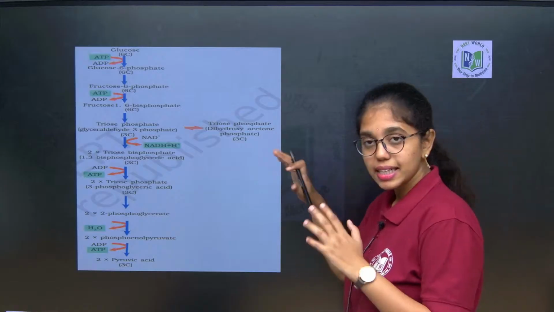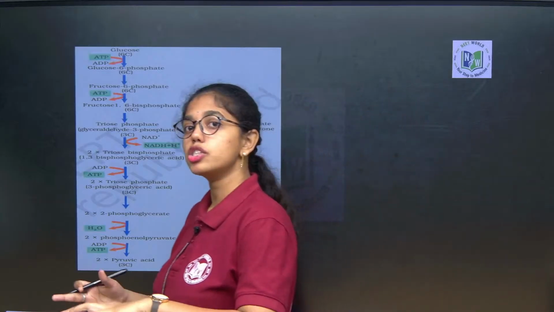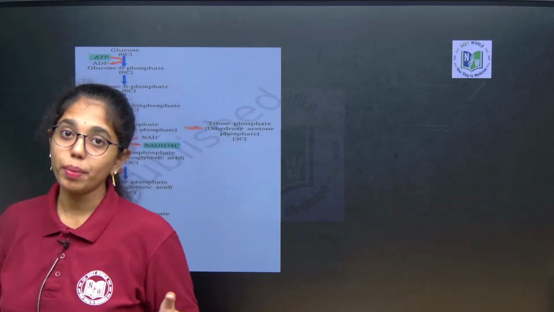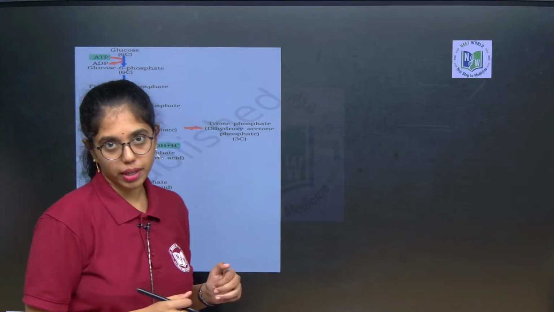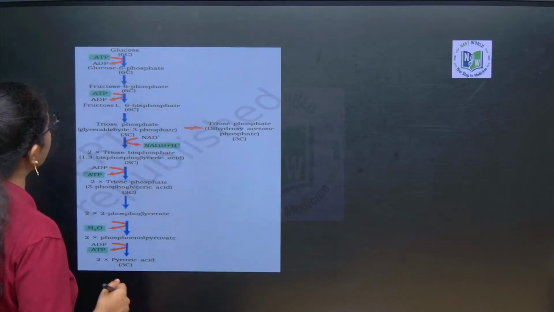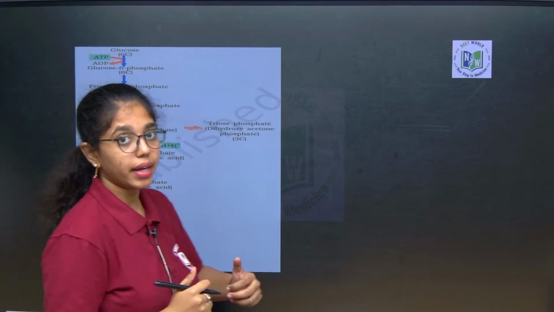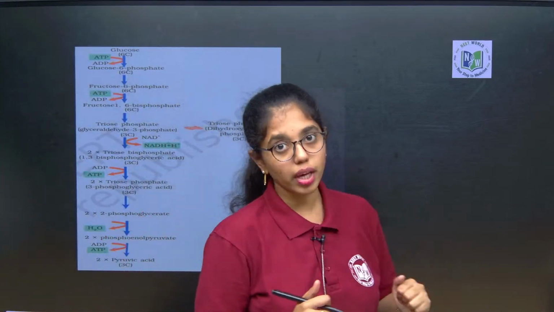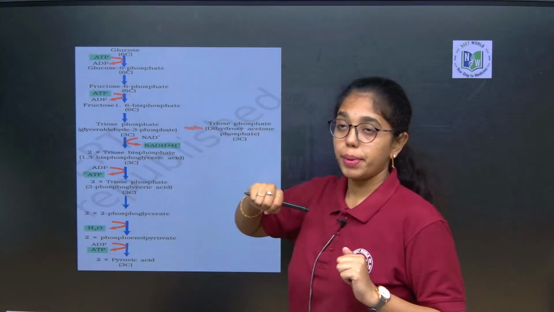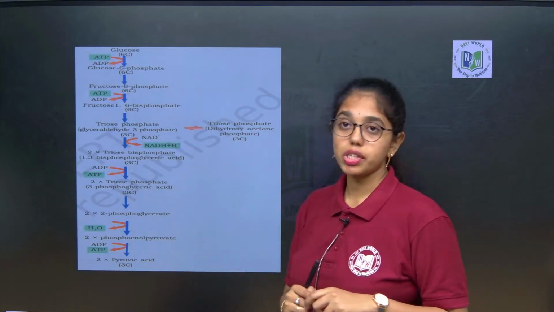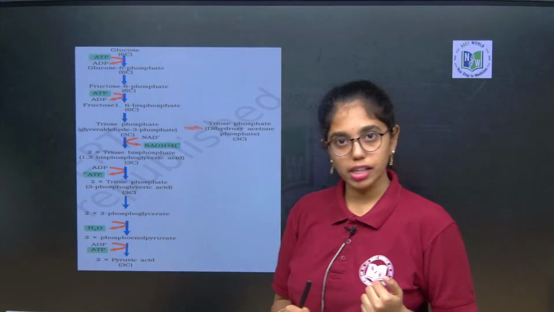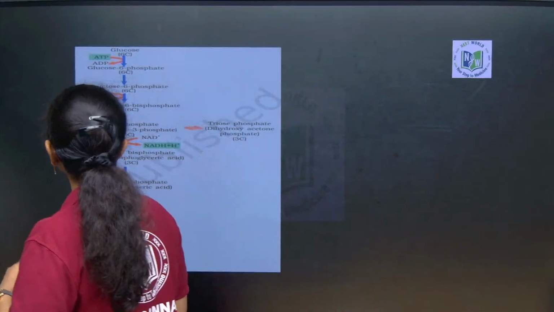This takes place in the cytoplasm, and this is common to both aerobic respiration and anaerobic respiration. The first 5 steps come under the preparatory phase, and the next 5 steps come under the payoff phase.